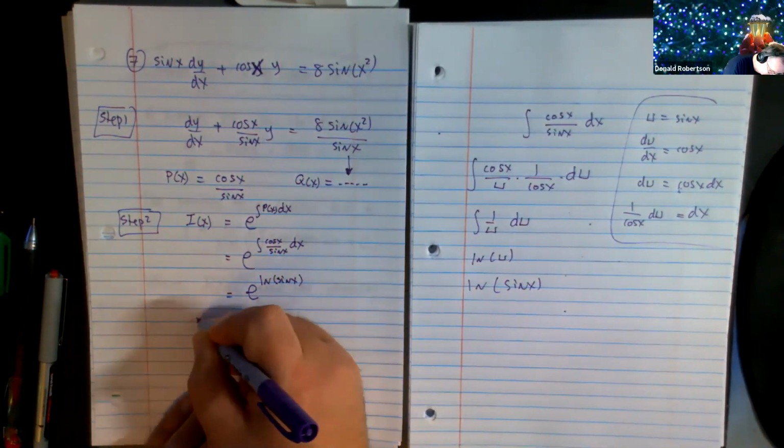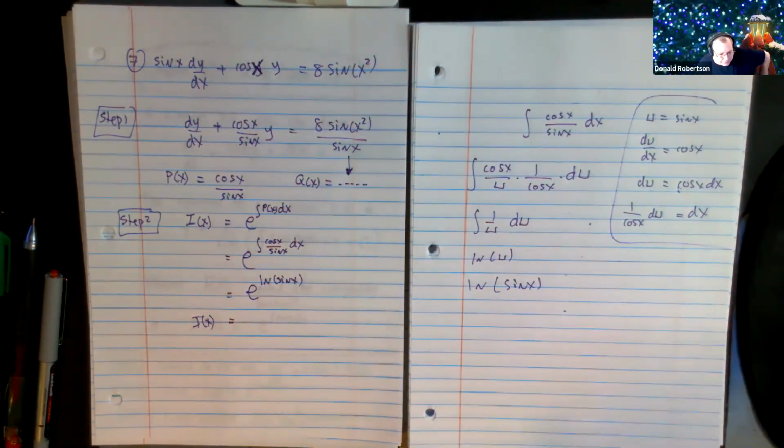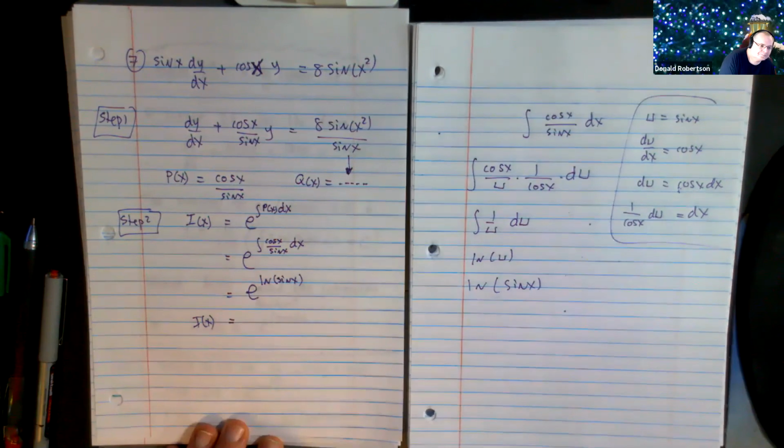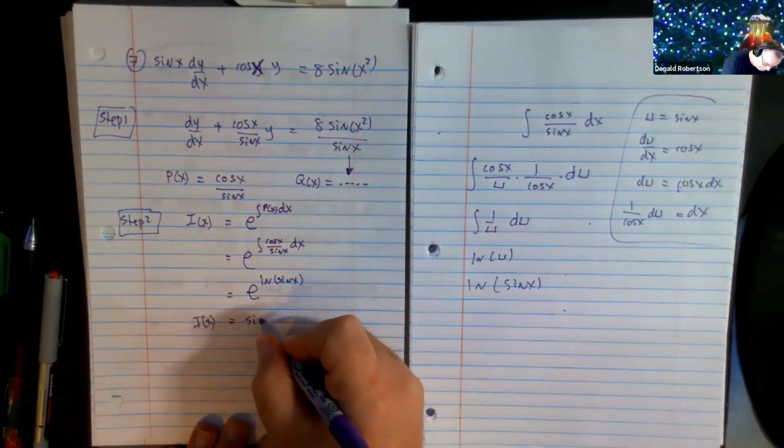And then we look at style points. Well, this happens quite a lot, doesn't it? Because you end up with e to the power of everything when you do the integrating factor. And e to the power of the natural log of sine x is simply just what? Sin x. Sine x. Yep, agreed.